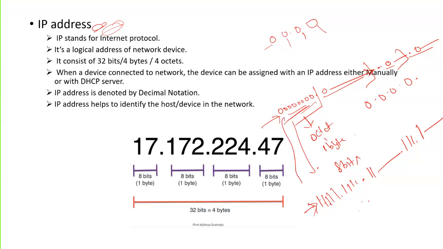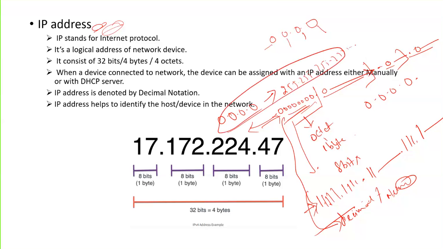We can represent this in decimal notation, in numeric values. If you convert these binary values into decimal, the minimum is 0.0.0.0, and the maximum is 255.255.255.255. These are the range of IP addresses we have in the world.